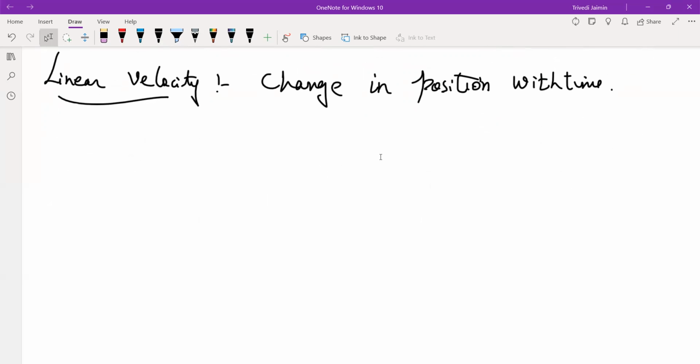Velocity, then average velocity, and instantaneous velocity. What is instantaneous velocity?